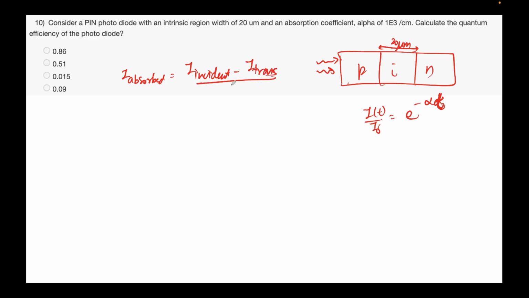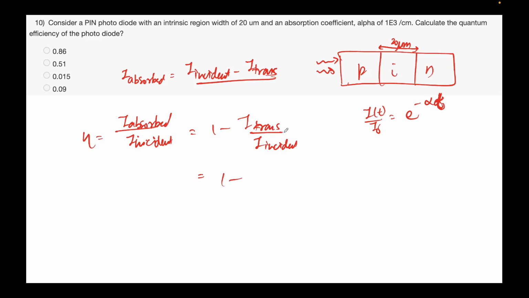If we divide both sides by I incident, what I get is I absorbed over I incident is 1 minus I transmitted over I incident. This is the fraction. This is essentially your quantum efficiency. How much of what is incident is absorbed. This is the definition of efficiency, right?